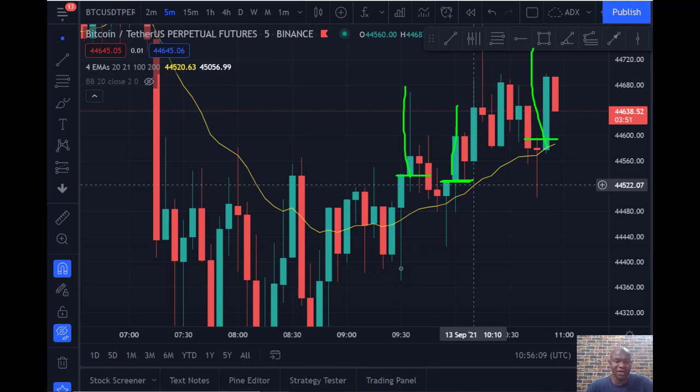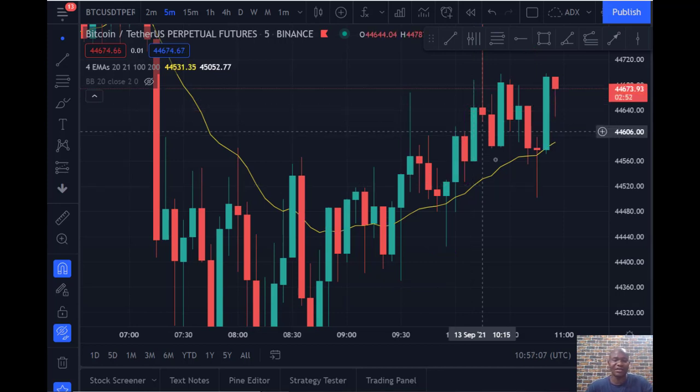Our stop loss will be the total length of that pin bar, hammer candle, or engulfing candle, which is here. We put our entry here and a stop loss here, and we're able to ride this wave. The same applies here: you put an entry here, a stop loss here, and we're able to ride this wave.